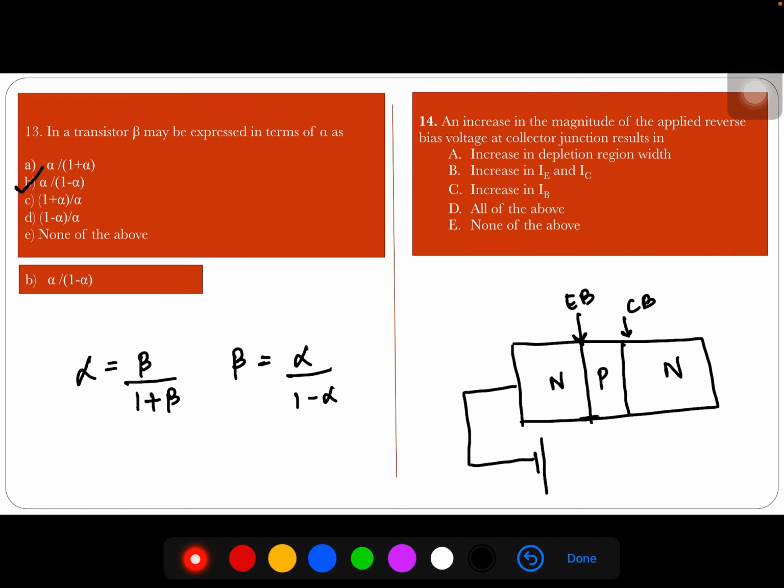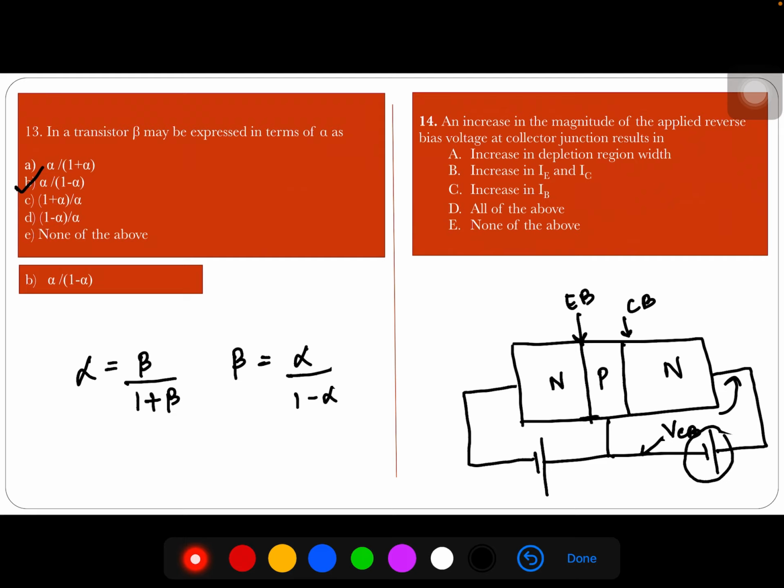Emitter base junction has to be forward biased, collector base junction has to be reverse biased. So this is how you will do the biasings. Now, if you increase this collector base voltage, basically you are increasing the reverse voltage because you have reverse biased this junction.